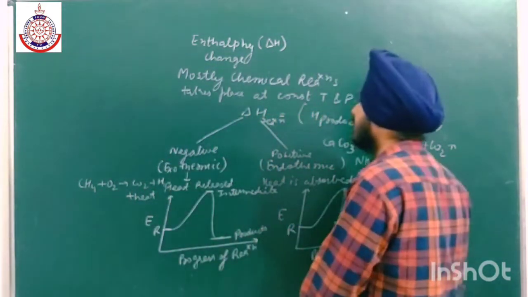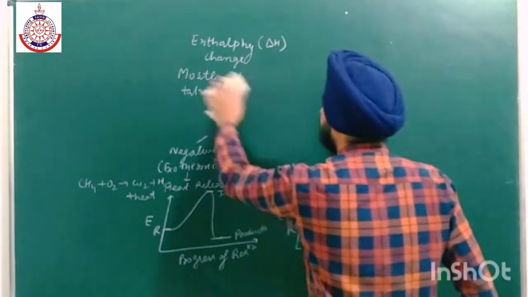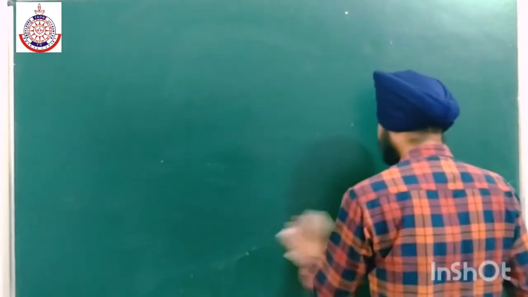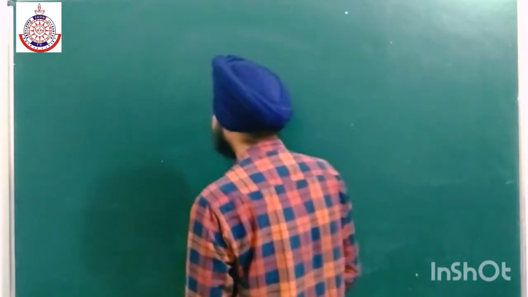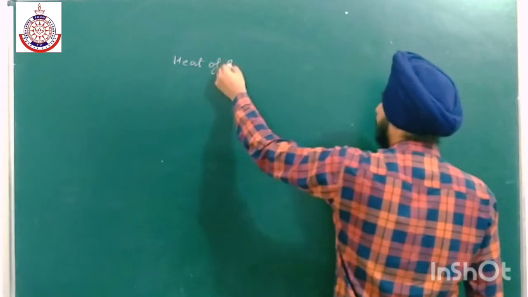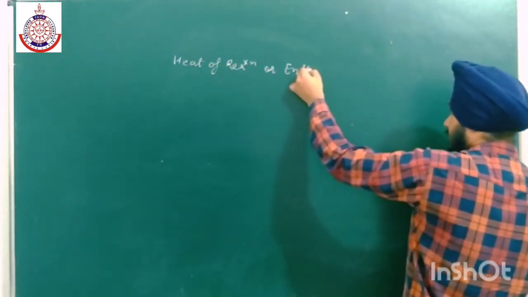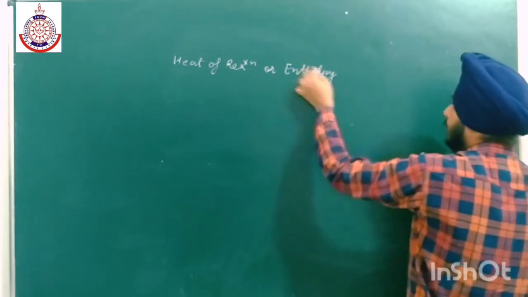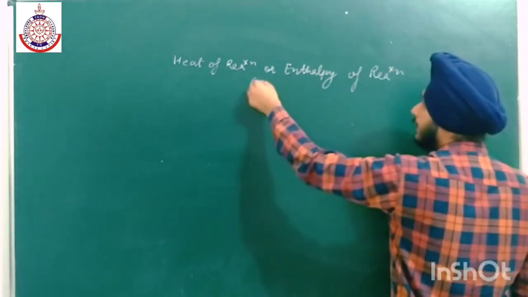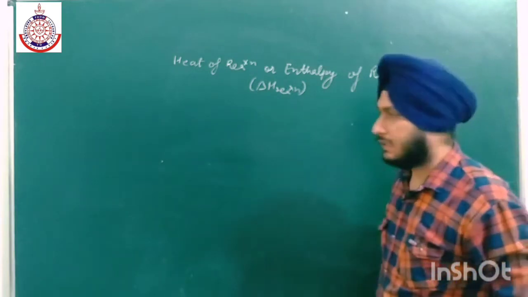Now, what is the heat of a reaction? Heat of reaction, or enthalpy of reaction, is denoted by delta H reaction.